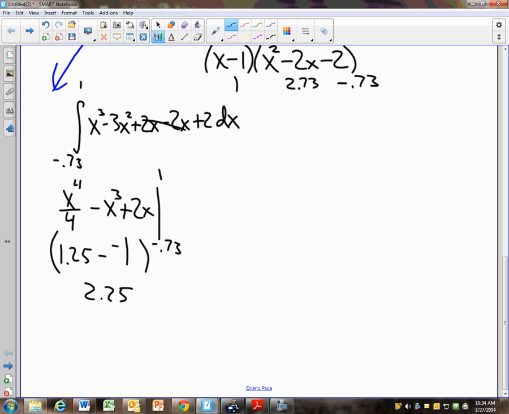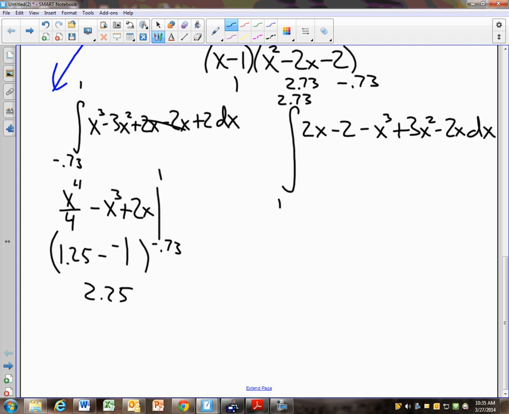Now, watch what happens with the next integral. When we set it up, we are going to go from 1 to what? 2.73. What's the top function? 2x minus 2, and then you're going to subtract x to the third plus 3x squared minus 2x dx.